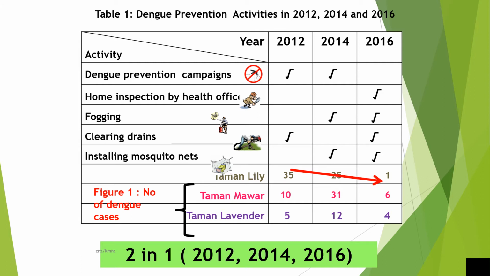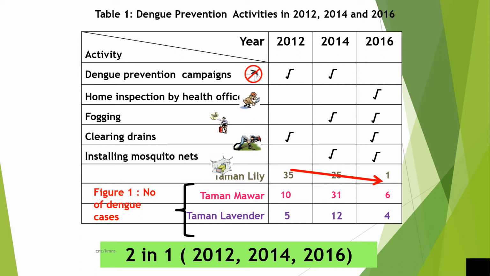Then you match it with the number of dengue prevention activities. 2 prevention activities resulted in 35 cases in Taman Lili. Then in 2014, there are 3 prevention activities, more than in 2012, and the number of cases dropped. So this is direct cause effect.